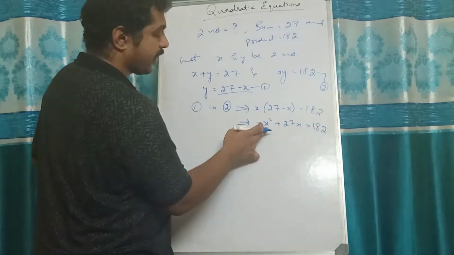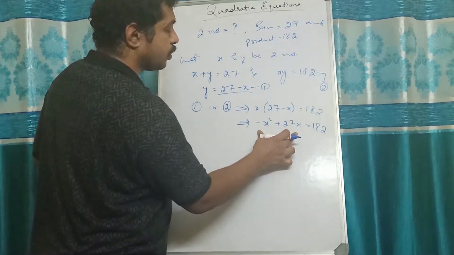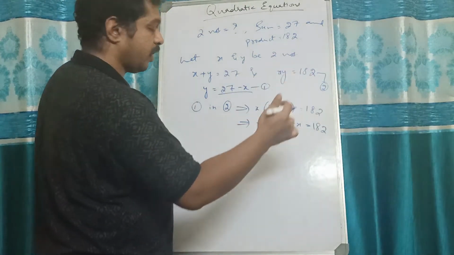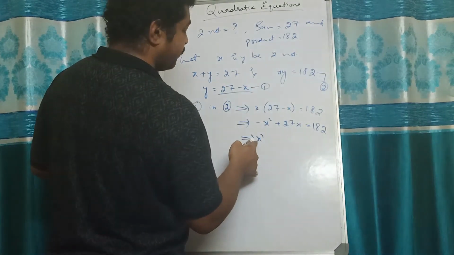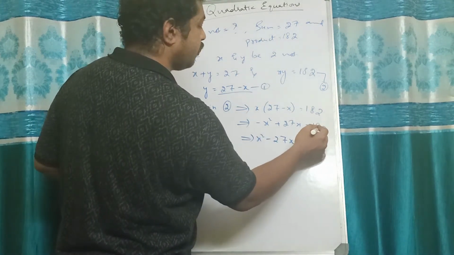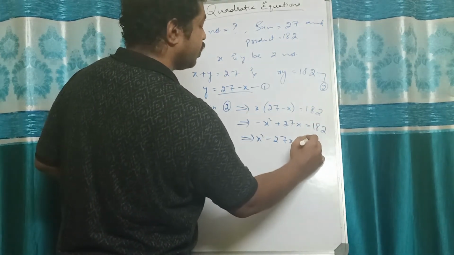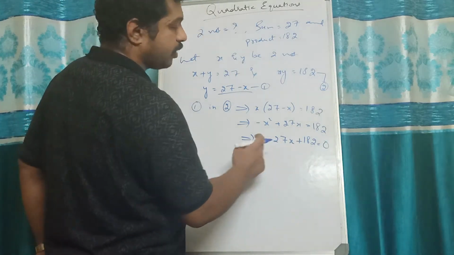Since the coefficient of x square has a negative sign, we transpose both these terms towards the right side of the equation, right? So that the sign changes. So x square minus 27x, and then the sign of 182 is not changing, so it's positive 182, that will be equal to 0. Now we need to solve this equation.